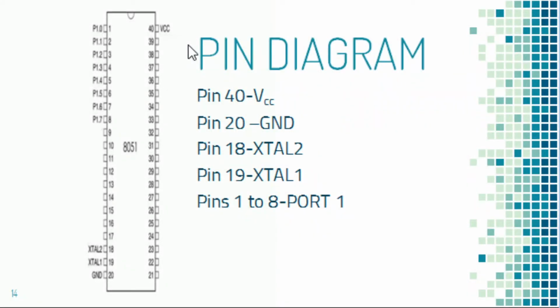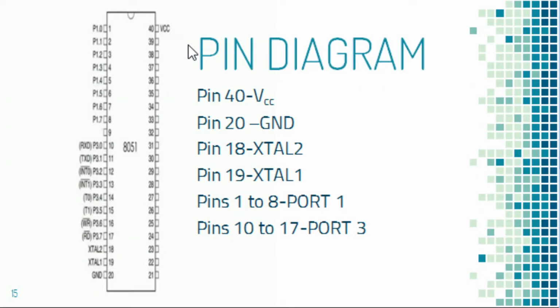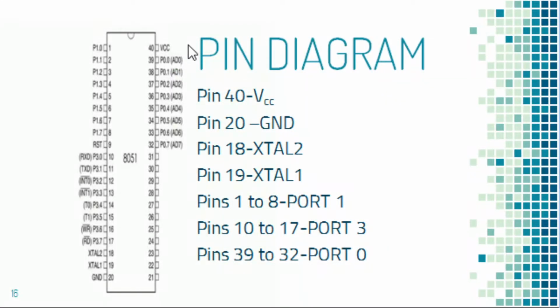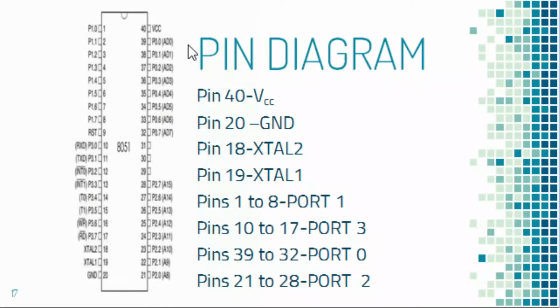Pins 1 to 8 constitute port 1, leaving one pin on the left side. Pins 10 to 17 constitute port 3. Pins 39 to 32 is port 0. Pins 21 to 28 constitute port 2. Pin 9 is the RST or the reset pin.